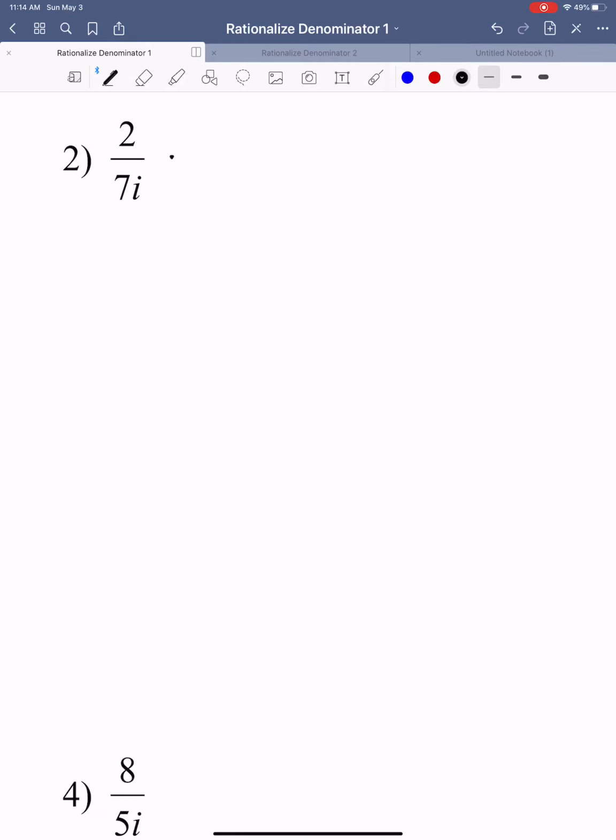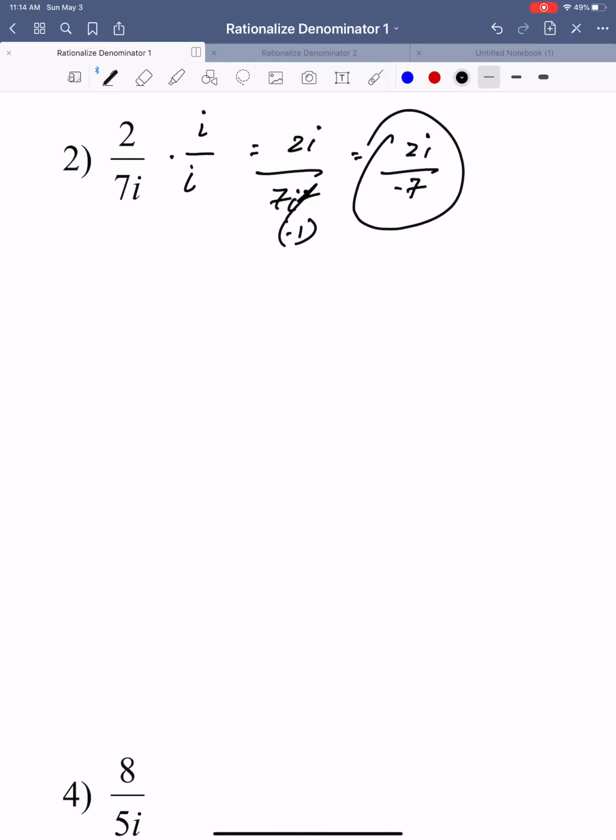Same thing, i in the denominator, i over i. 2i over 7i squared. And that's really, again, multiplied by -1 here. It's really 2i over -7. And again, I said you could move that negative to the top. This is the answer, but you could also make it -2i over 7 instead if you wanted, because there's not a -1 there, there's a -7.